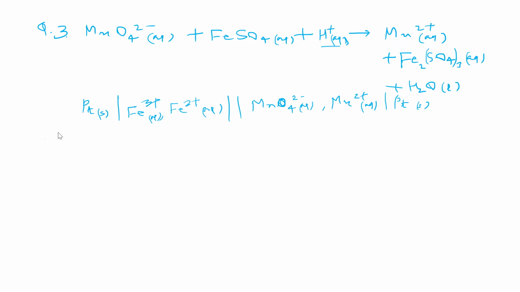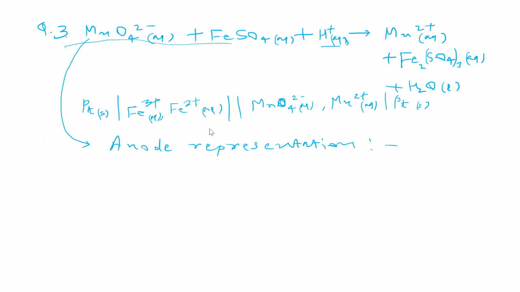Now we are taking the next question. For the same question, if you are asked about the representation of the anode, can you represent the anode here for this reaction? Sir, Fe2 plus minus 1 electron will give rise to Fe3 plus.